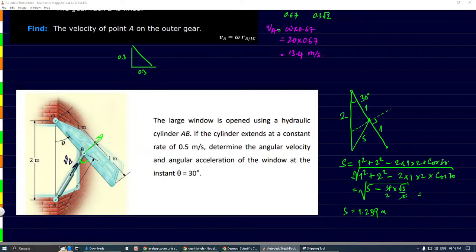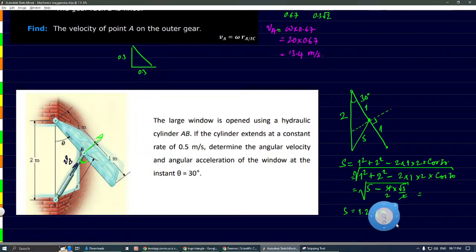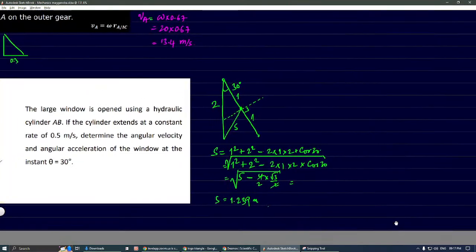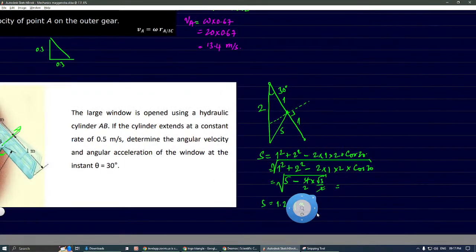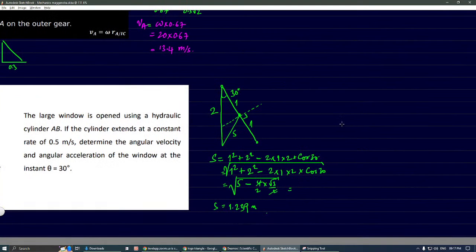So we need to connect this s with the displacement. If you want to connect this to displacement, you have to write the equation of s as a variable. If you want to write it as a variable, it will be s square equal to 5 minus 4 cos theta, right?